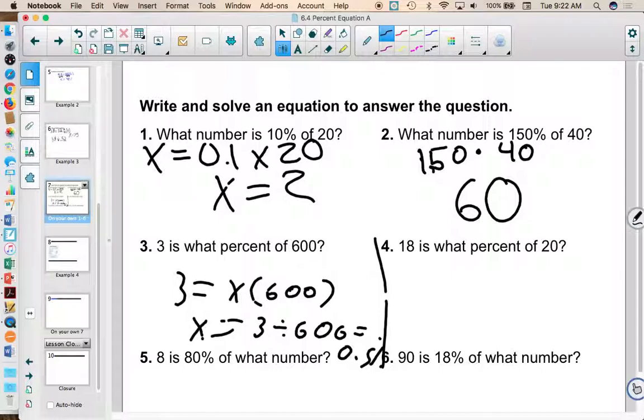Nice job, Wesley. All right, who did I give number 4 to? Go. 18 is what percent of 20?